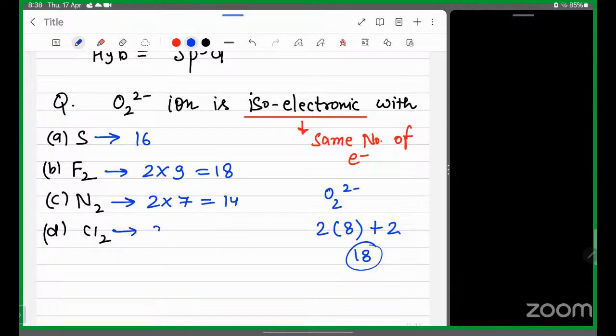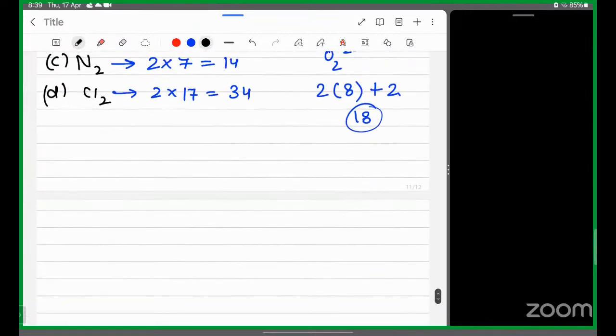In case of chlorine, 2 chlorine atoms with atomic number, what is the atomic number of chlorine? 17. This will be 34. So the correct answer will be 18, that is F2. Are you getting isoelectronic? Yes.